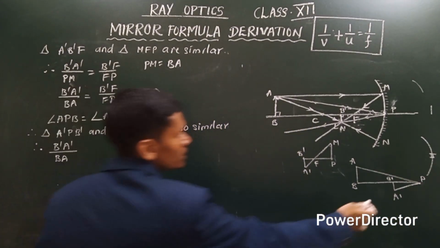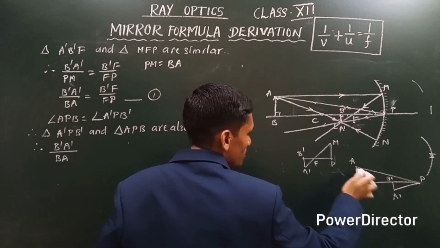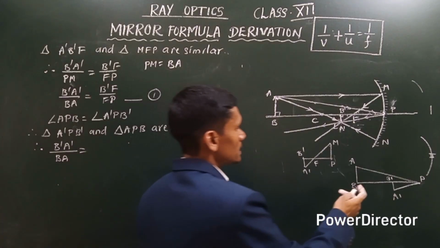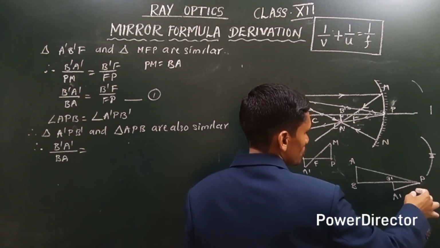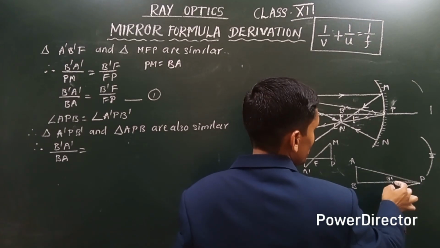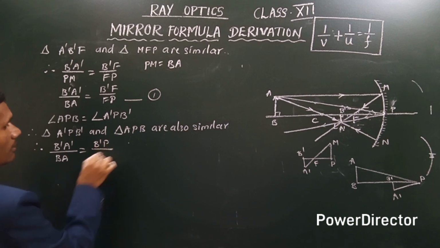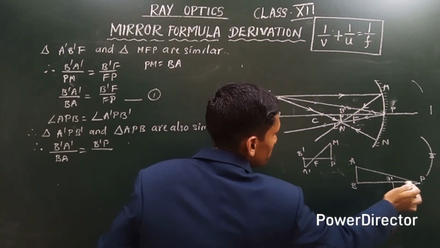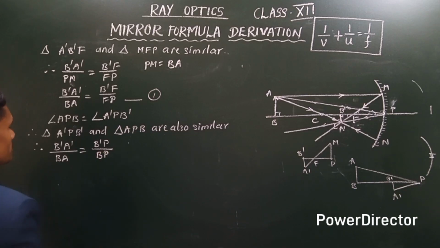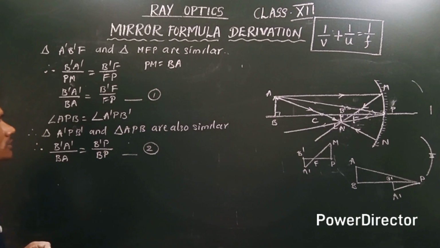In those two triangles, these sides we are comparing here. That is B dash A dash upon BA we took. This will be equal to what? These two sides you can consider again. What is that? Here B dash P upon BP you can consider, right? So let us call this equation 2, right?